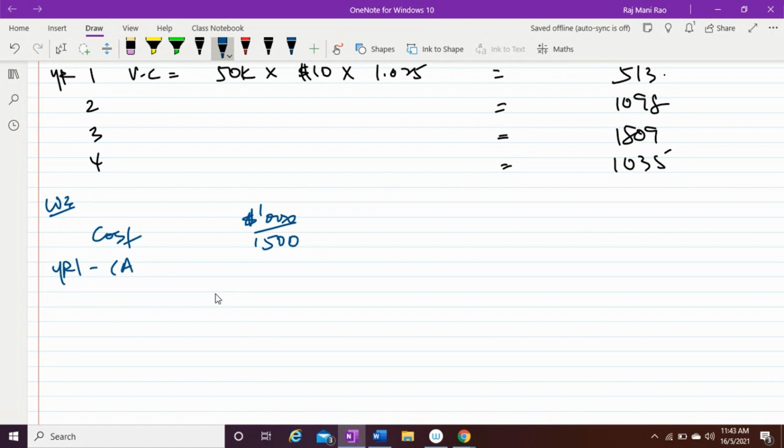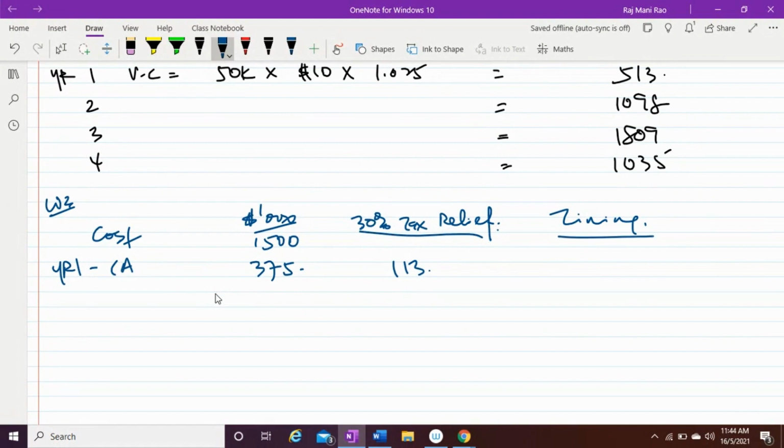So what is year 1 capital allowances? $375. So 30% tax relief. 30% tax relief is 113.